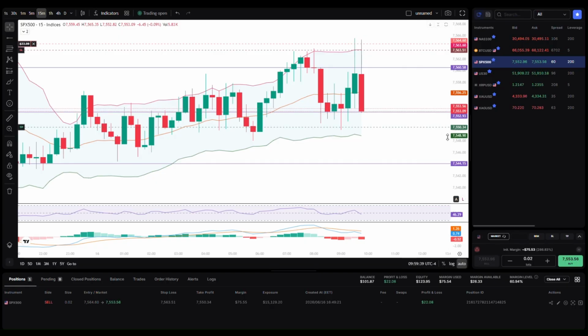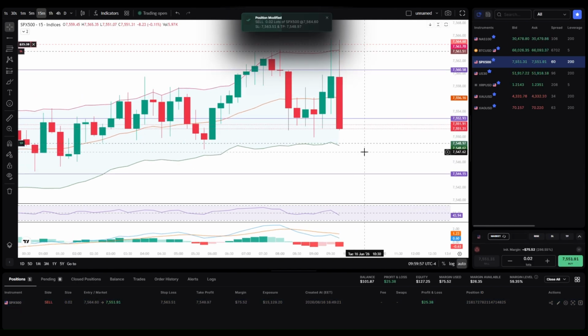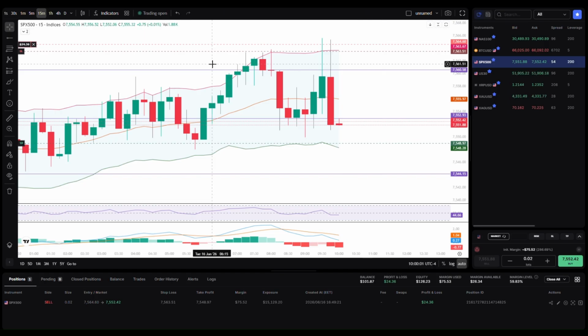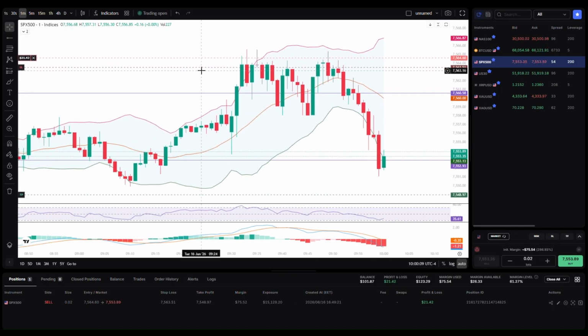552, it's got to break this, and the 15-minute lower band is starting to go a little bit lower. I'm going to take profits right here, and I'm going to lower my stop just a little bit more, right about here. And this is another thing that we can do.